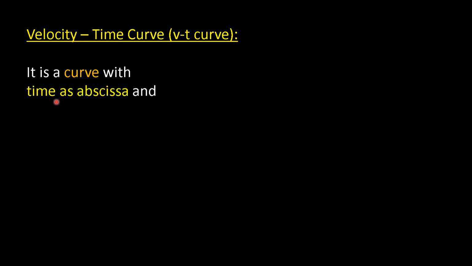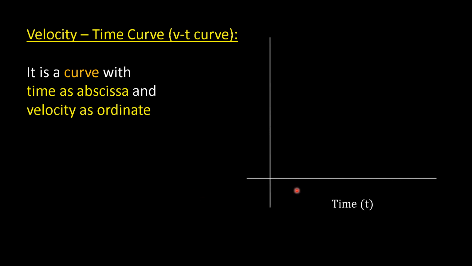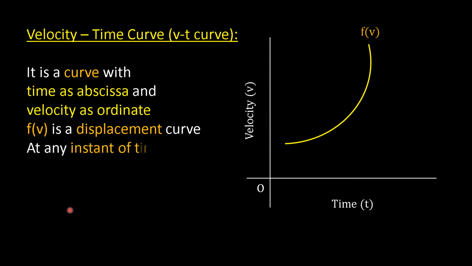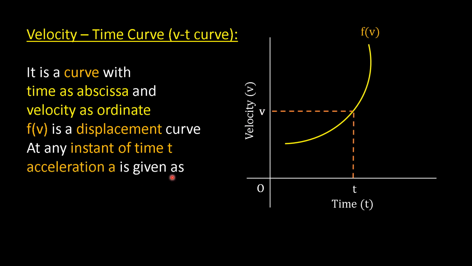Second is velocity time curve or VT curve. It is a curve with time as abscissa, that is x-axis, and velocity as ordinate, that is y-axis. f(v) is a velocity curve. At any instant of time t, when the velocity is v, acceleration a is given as the slope of the tangent.